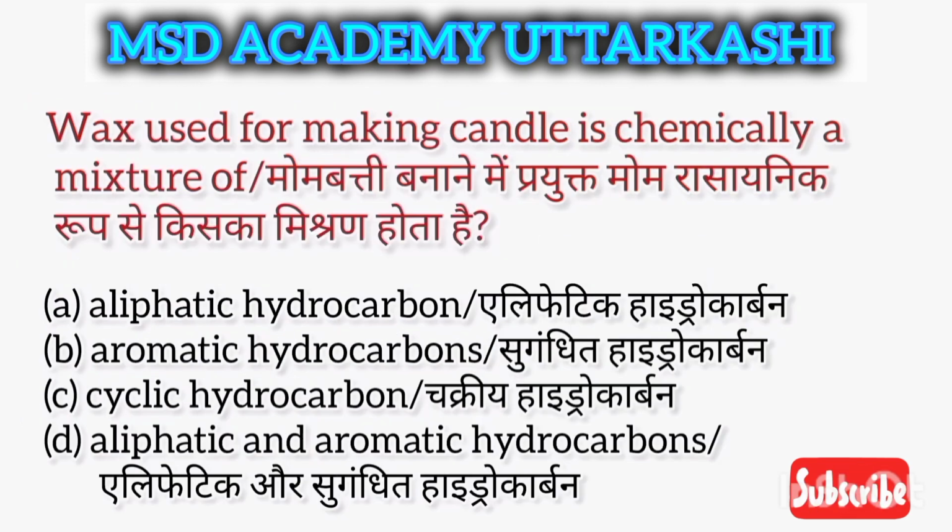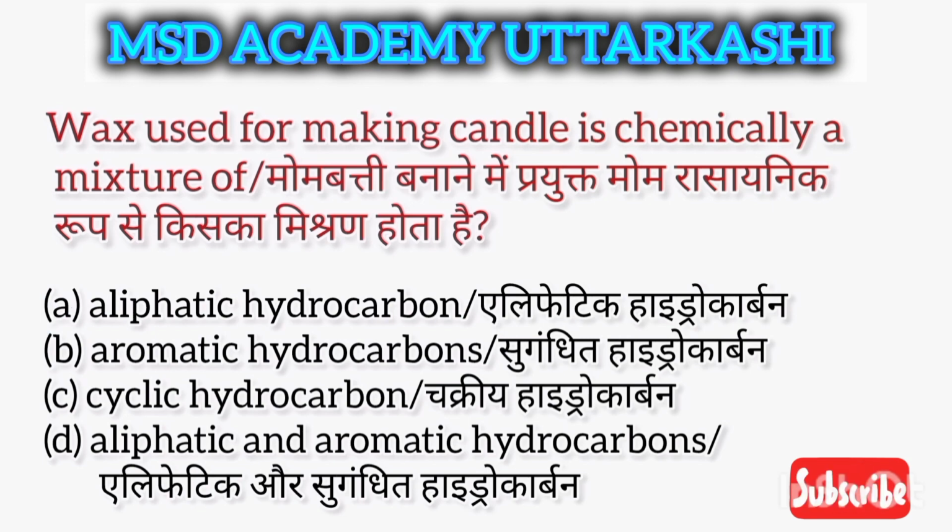Next question. Wax used for making candles is chemically a mixture of option A aliphatic hydrocarbons, option B aromatic hydrocarbons, option C cyclic hydrocarbons, option D aliphatic and aromatic hydrocarbons. So the correct answer is option A aliphatic hydrocarbons.